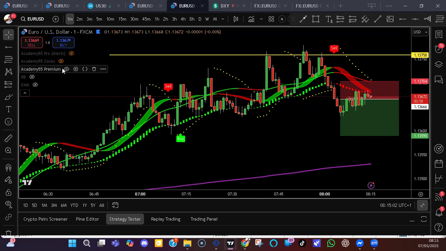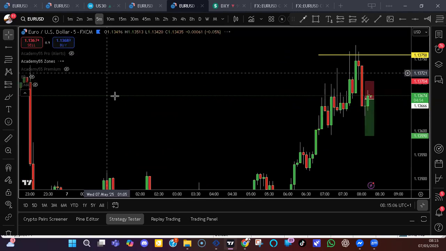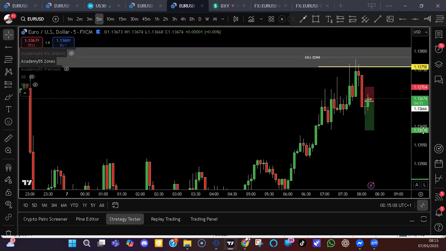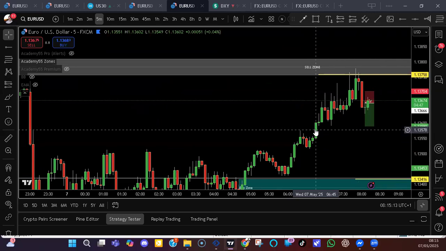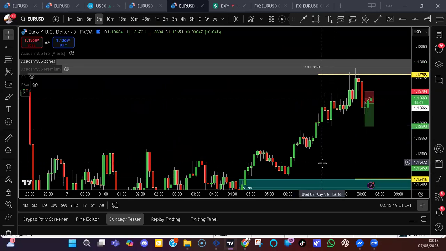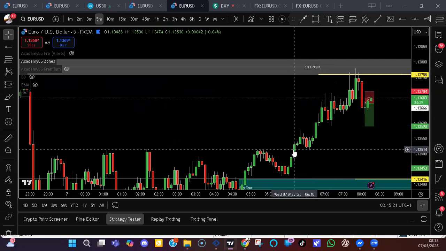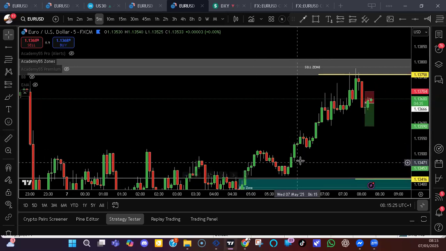Let's take the indicator off. Go on the 5 minute. Got some imbalance down there, which is good for us. Even if it comes in to tap into it, it could tap in down there, or it could continue.